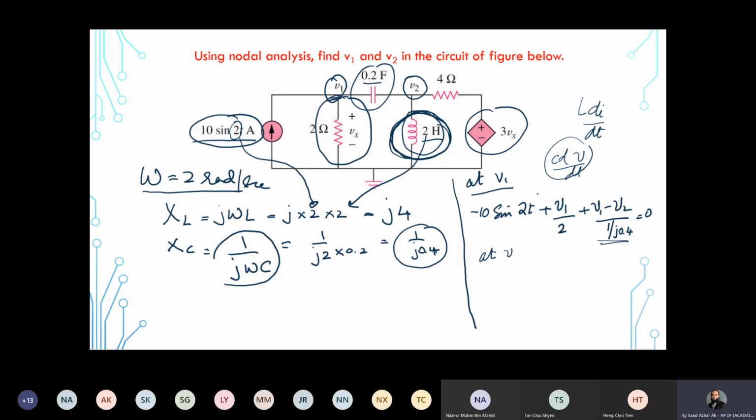Similarly, at V2 it will be V2 minus V1 for the capacitor, upon 1 upon j0.4, plus V2 upon j4 for the inductor, and V2 minus 3Vx upon 4, equal to 0.